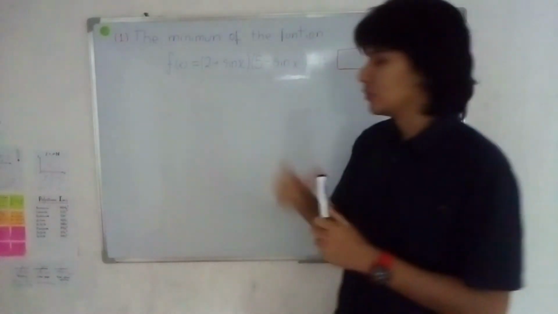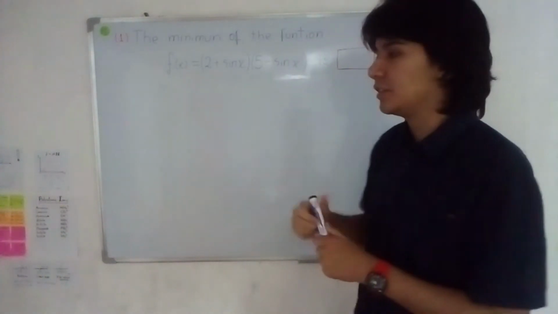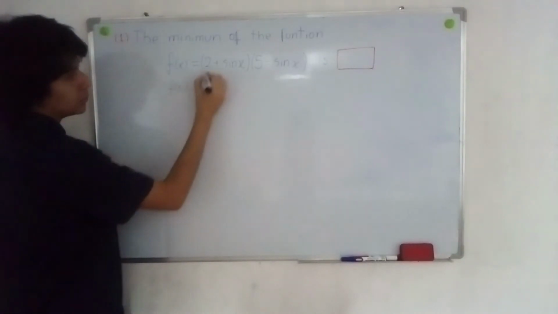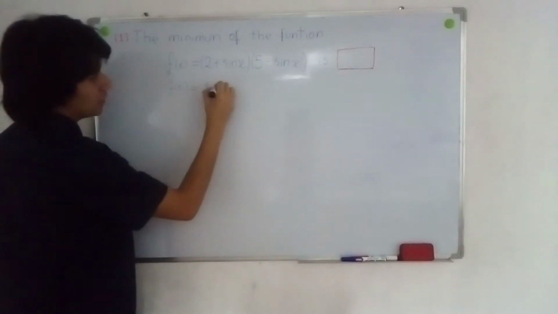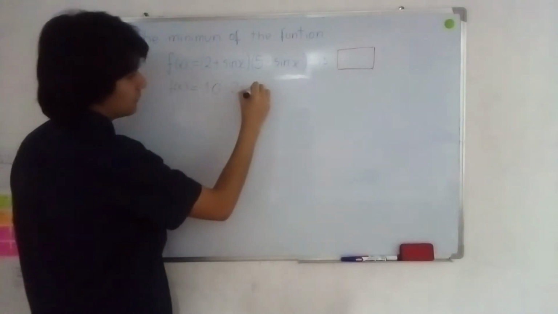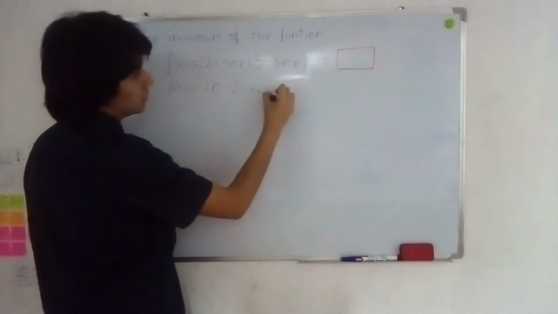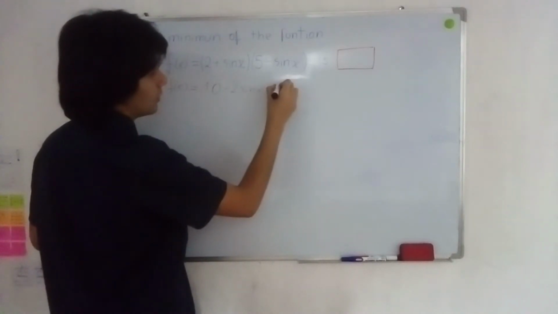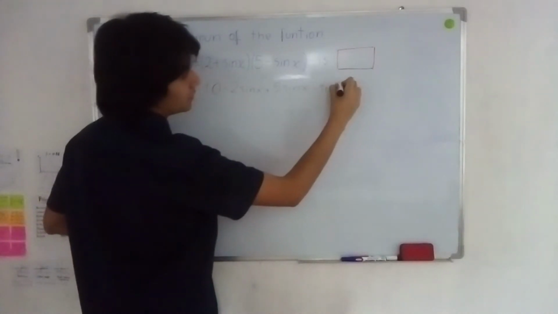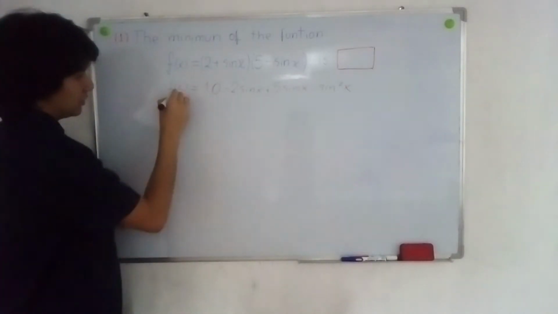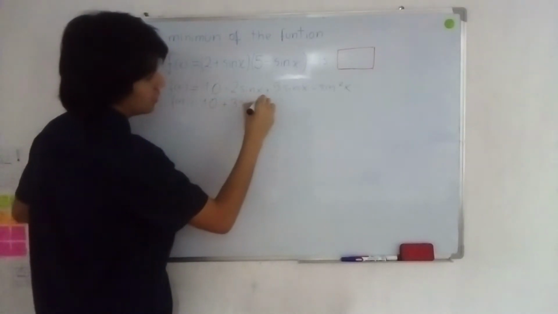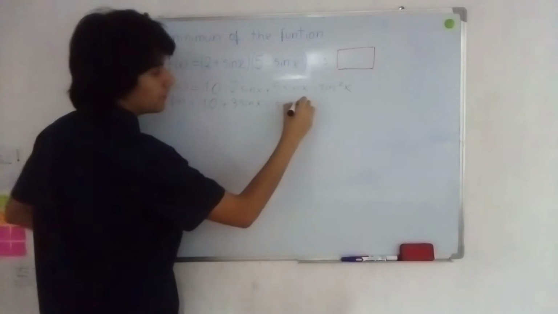But first, let's solve this f. f is equal to 2 times 5, which is 10, 2 times minus sine is minus 2 sine of x, sorry, 5 sine of x, and minus sine square of x. So f is 10 plus 3 sine of x minus sine of x squared.